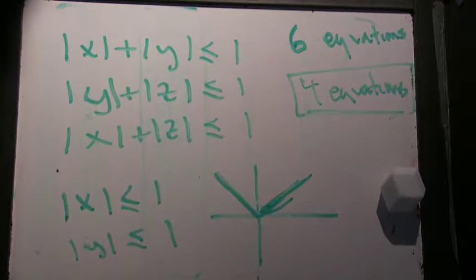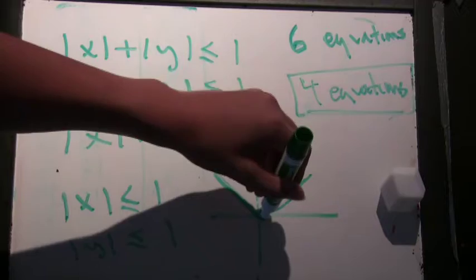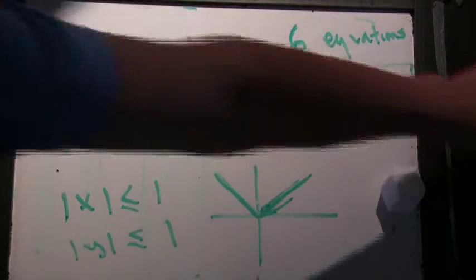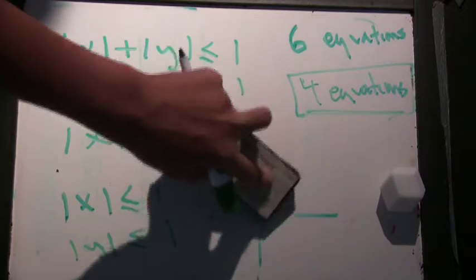Like that. Which is the x-axis? This is the x-axis. Okay, then that's absolute value of y.